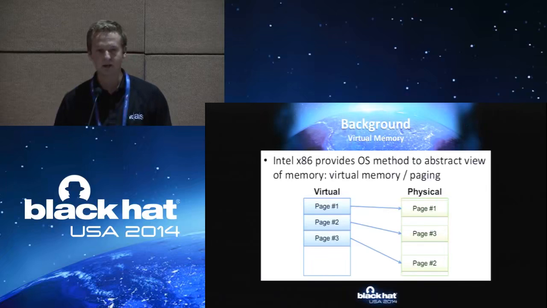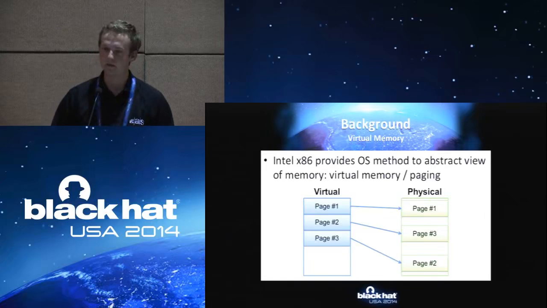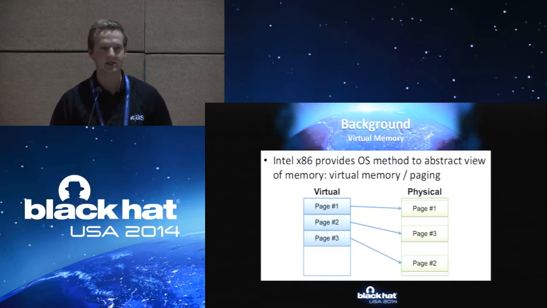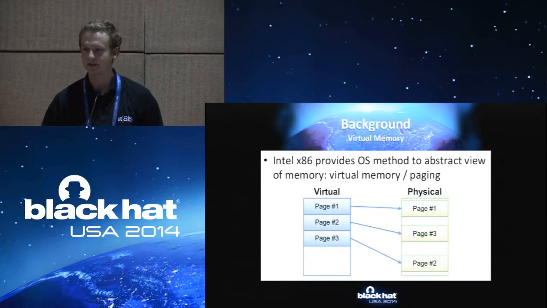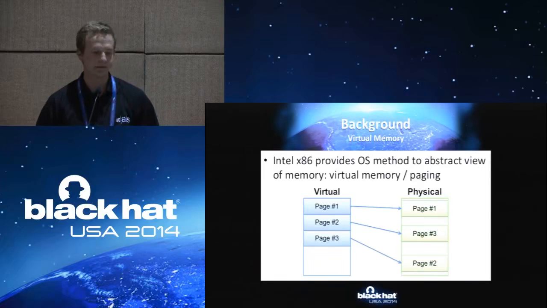Even if you don't have 4 GB of memory, the application thinks it does, and it can't access memory that might be in the kernel space or another application. Before this was added to the CPUs, back in the DOS era, an application that went rogue could overwrite the DOS kernel and infect the entire system. So it's a protective measure coming out of the CPU that allows the operating system to improve its protection.